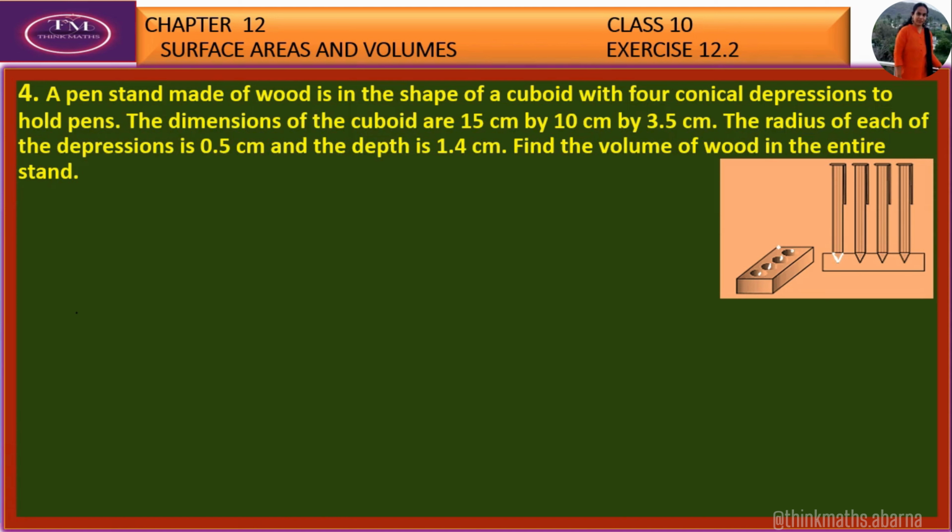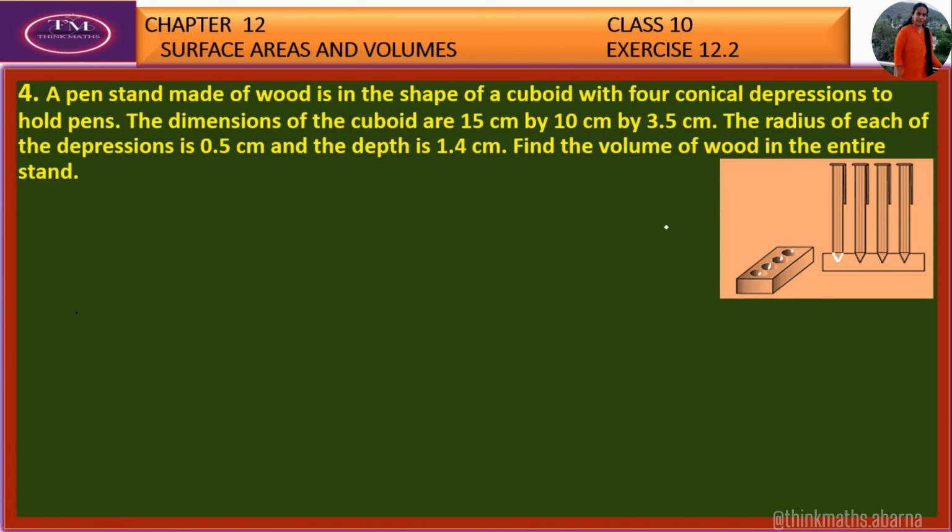So from the total volume, which is in the shape of a cuboid, from the volume of the cuboid, we have to subtract the volume of cone. How many cones are there? 4 cones are there. So volume of cuboid minus 4 into volume of cone will give the volume of the wood in the entire stand.